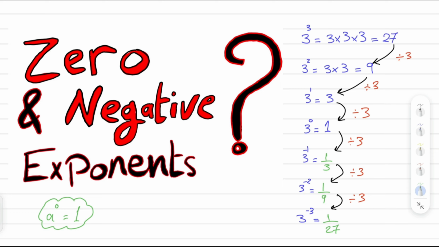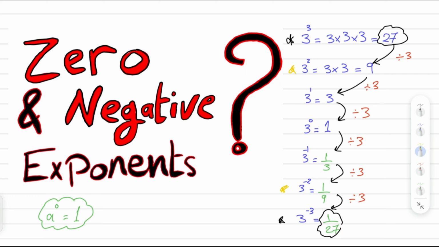Now, I want you to compare the values of 3 to the power 3 with 3 to the power minus 3. For 3 to the power 3, the answer was 27. And for 3 to the power minus 3, the answer was 1 out of 27. Again, try to compare the value for 3 to the power 2 with the value for 3 to the power minus 2.